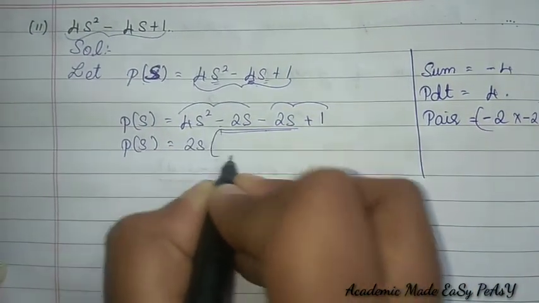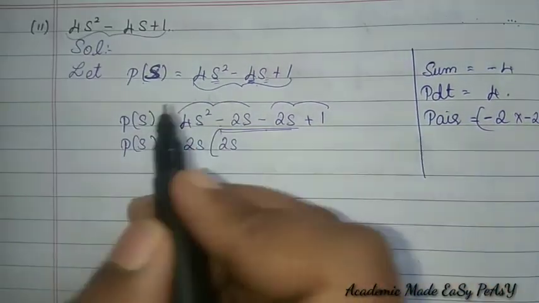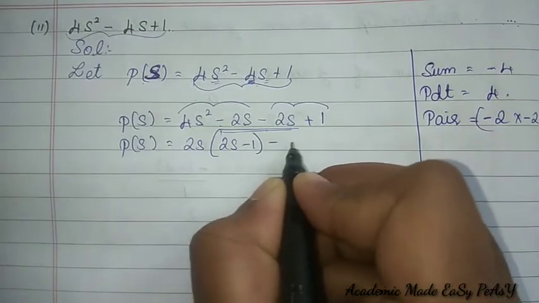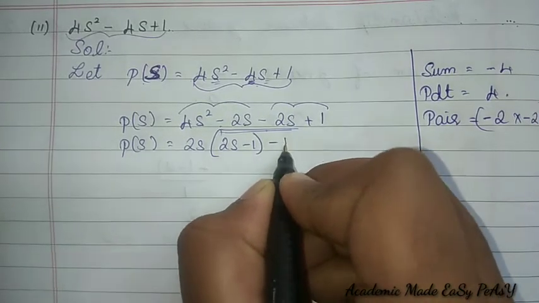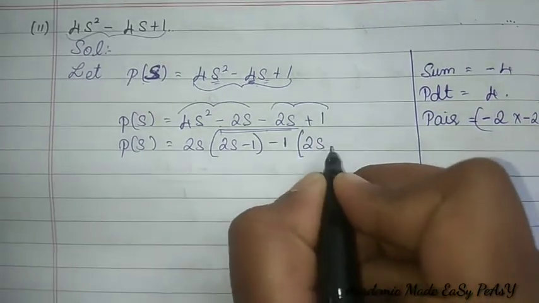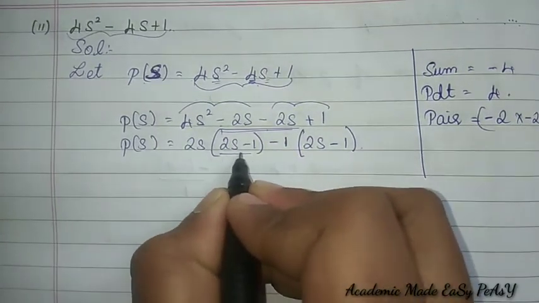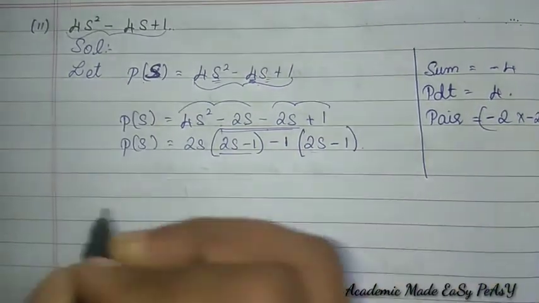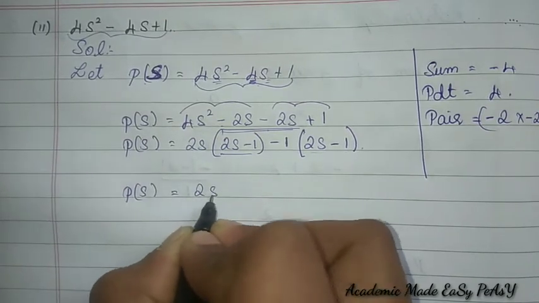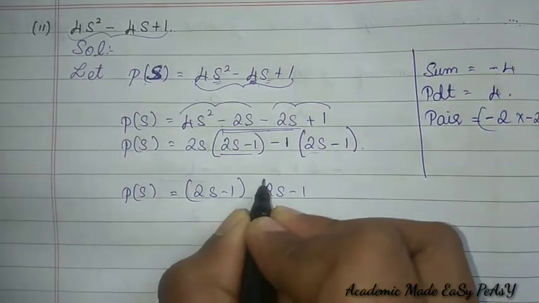So 2s into 2s is 4s square, minus 1, I will take as it is. So 1 only is common here. Minus into minus is only plus. So I will take minus 1 here. So 2s minus 1 and 2s minus 1 is common here. So p of s is equal to 2s minus 1 and 2s minus 1.